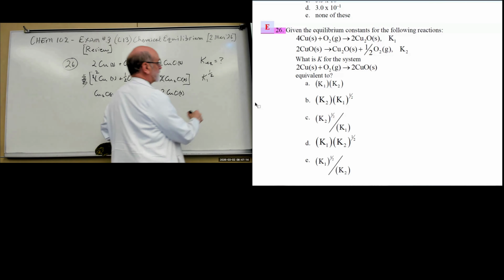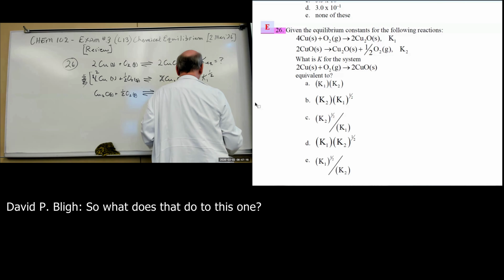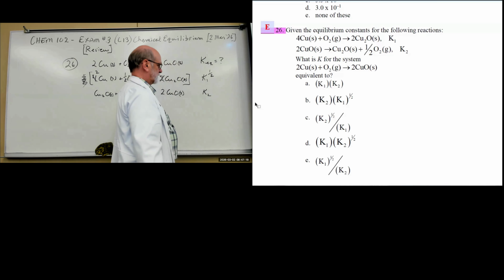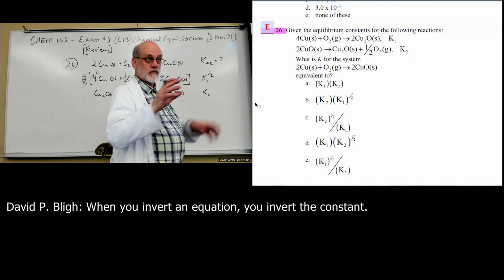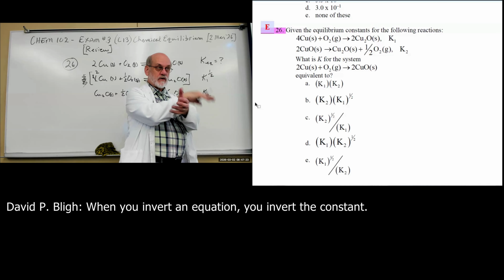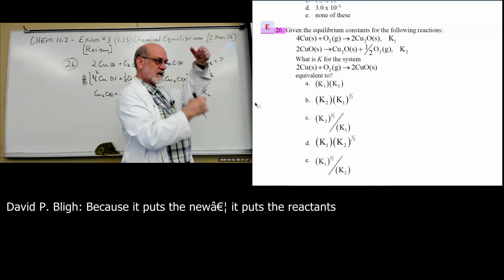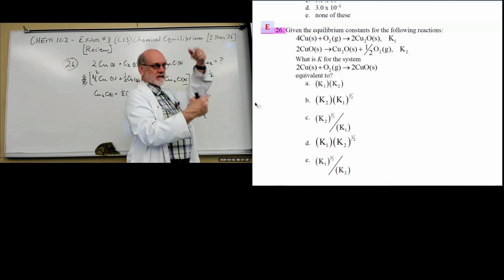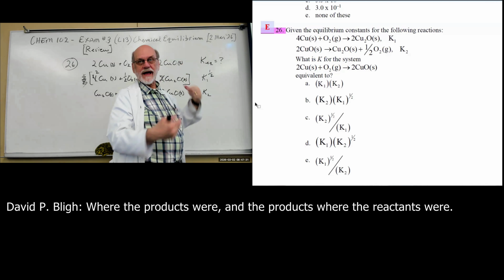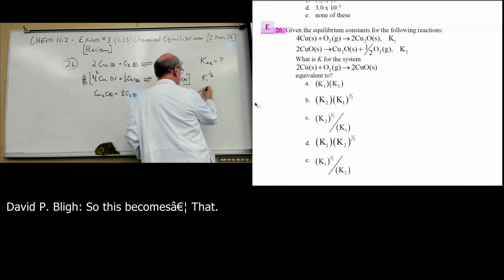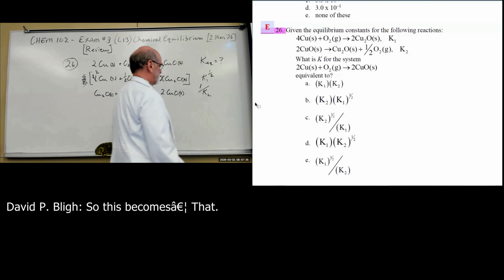Okay, so we flipped it. So what does that do to this one? When you invert an equation, you invert the constant because it puts the reactants where the products were and the products where the reactants were. So this becomes that.